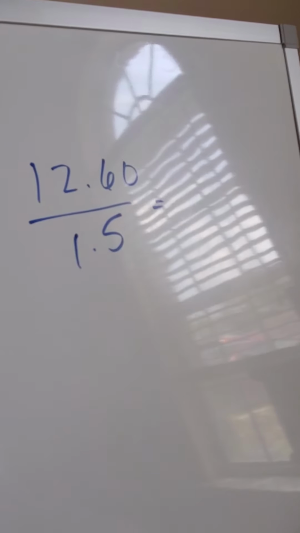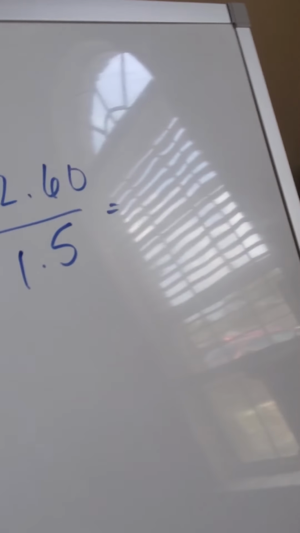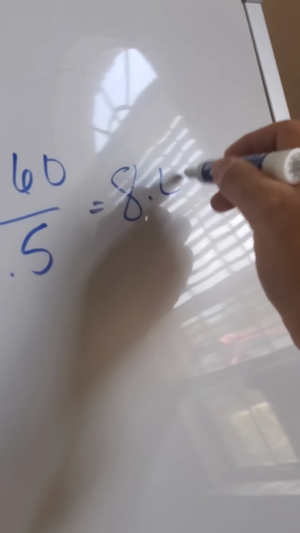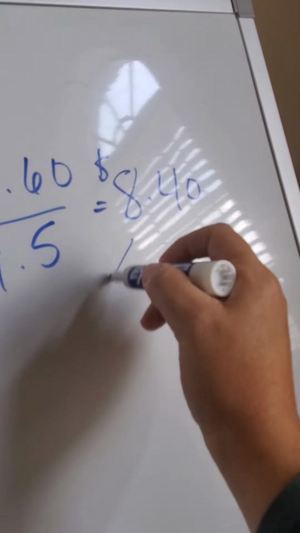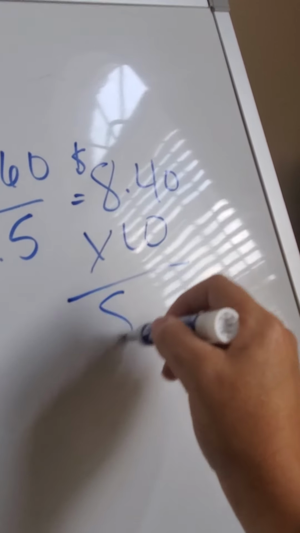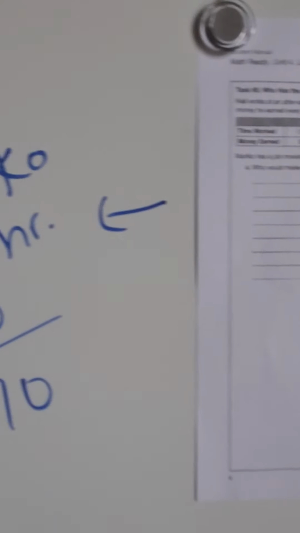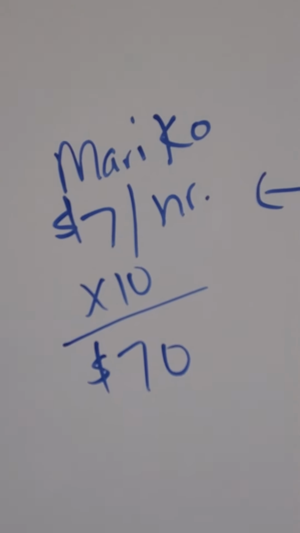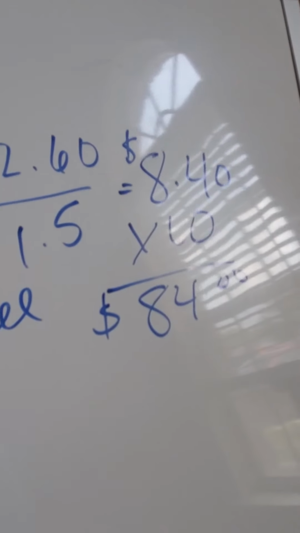So my handy dandy calculator, 1260 divided by 1.5, and I'd find out he makes $8.40 an hour. Okay, so 10 hours, he would make $84, right? Makes sense? All right, so who makes more? Mariko at $70 in 10 hours, or Kale, who makes 84?